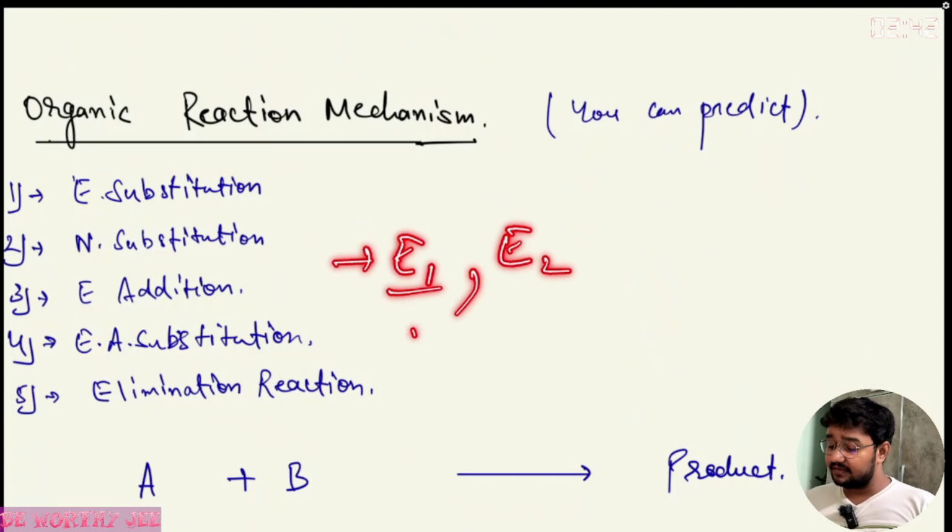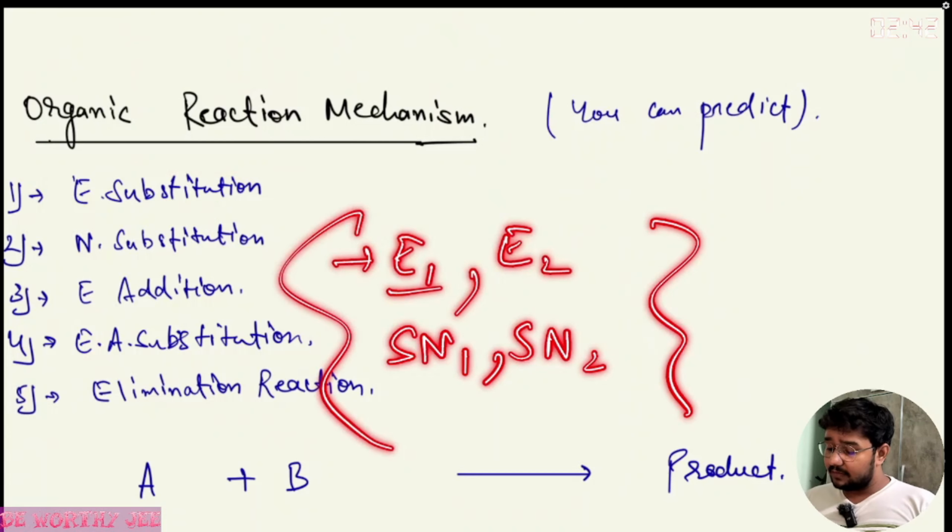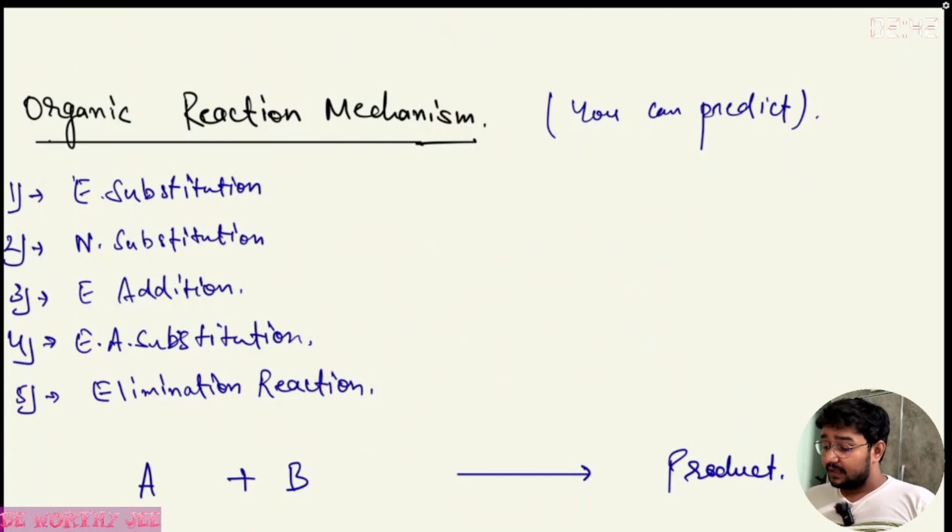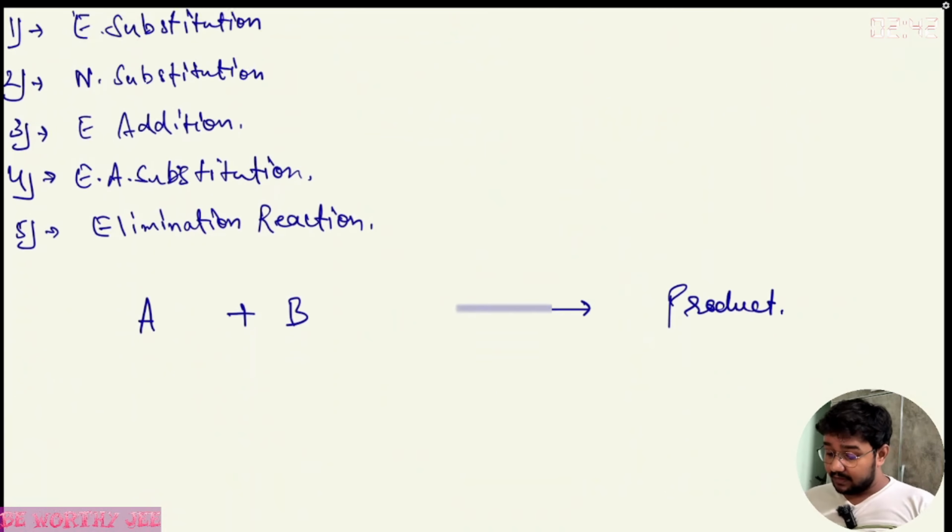SN1, SN2 are the famous ones. Many questions come from these topics also, and the carboxylic reactions, so that you can remember all the things, and like how salicylic acid is formed and other things as well.